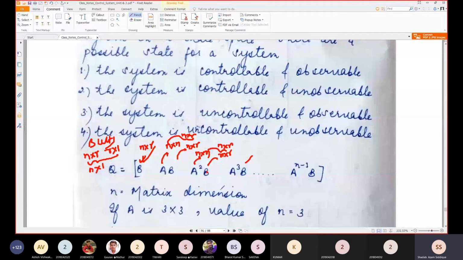Then you stop at A to the power n minus 1 times B, which means up to A square. I substitute the B matrix, the AB multiplication, and the A square B matrix, and find the Q matrix.